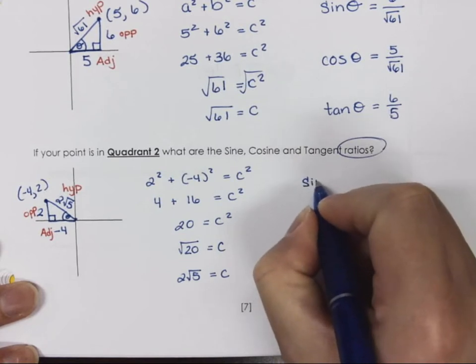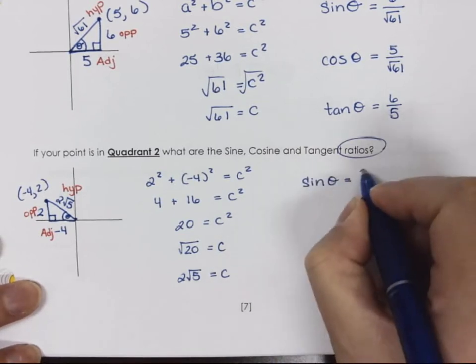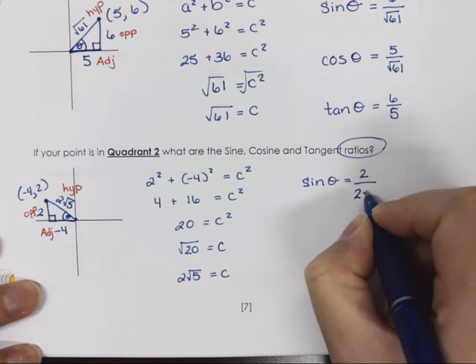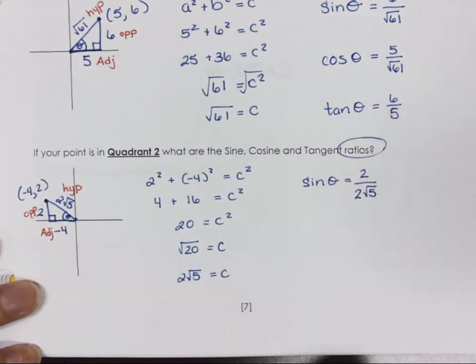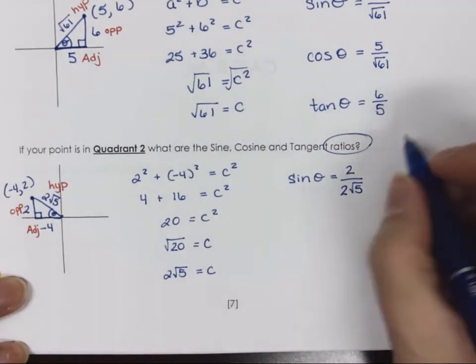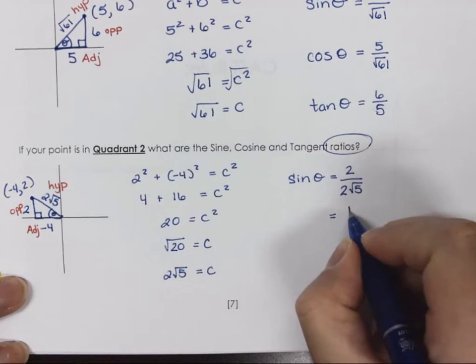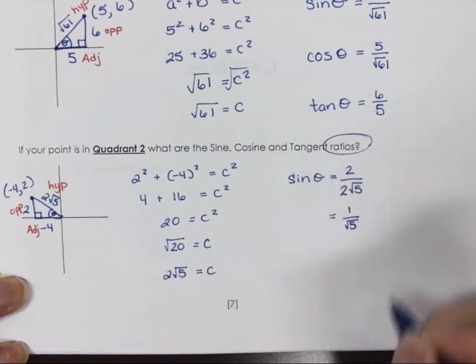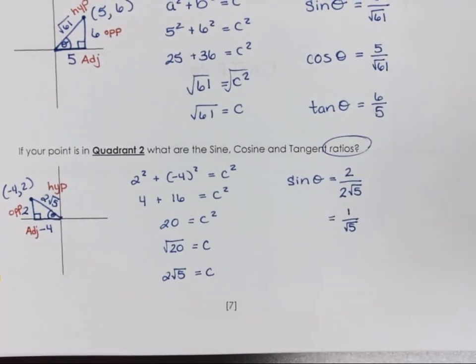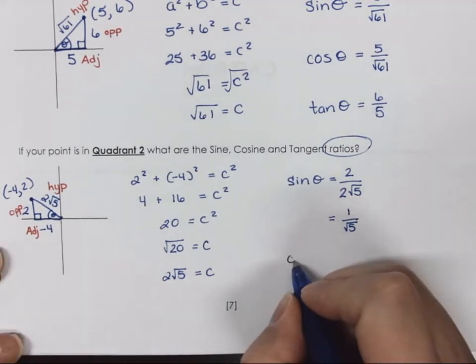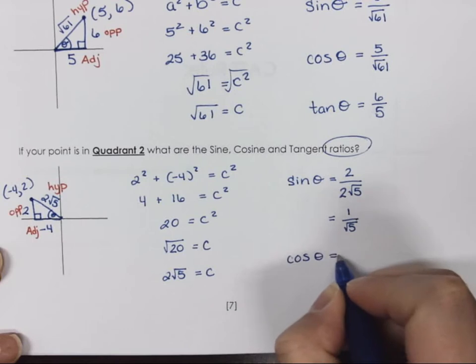So sine of theta is equal to 2 over 2 root 5. Can we simplify that? Yep. That's exciting. It really is. But it's so cool that you guys know this stuff now.